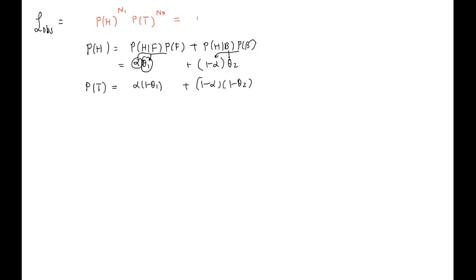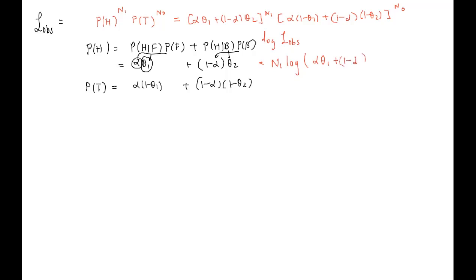So this will be alpha theta 1 plus this, to the power n1, times alpha (1 minus theta 1) plus (1 minus alpha)(1 minus theta 2), to the power n0. Okay. So the log of the observed likelihood is then n1 log plus n0 log.